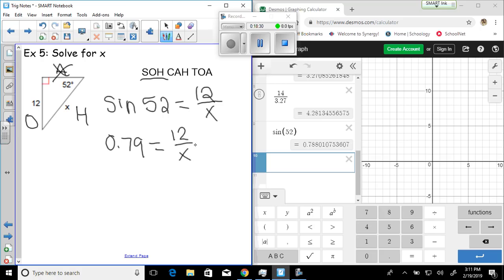And now we just need to solve for x. So in order to do that, we're going to multiply both sides by x. We get 0.79x is equal to 12. And now in order to solve for x, we're going to divide both sides by 0.79.